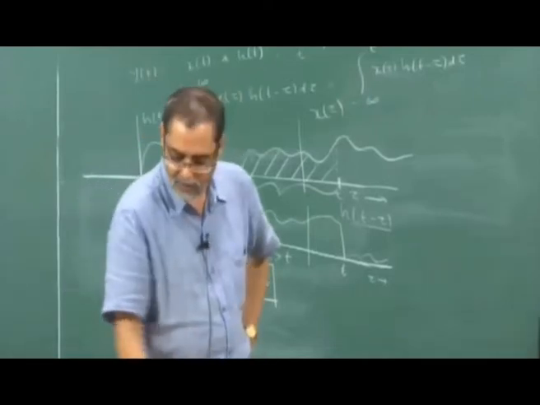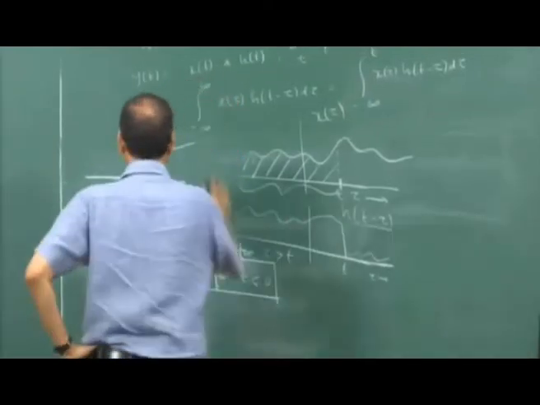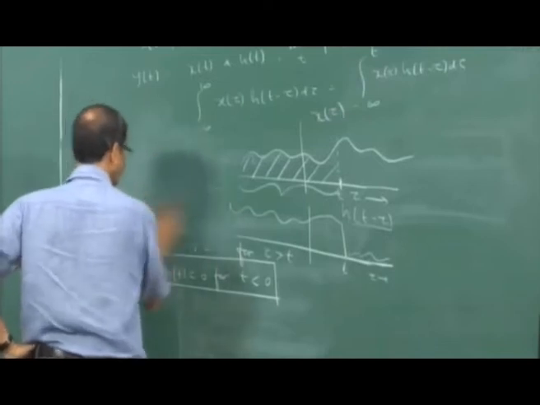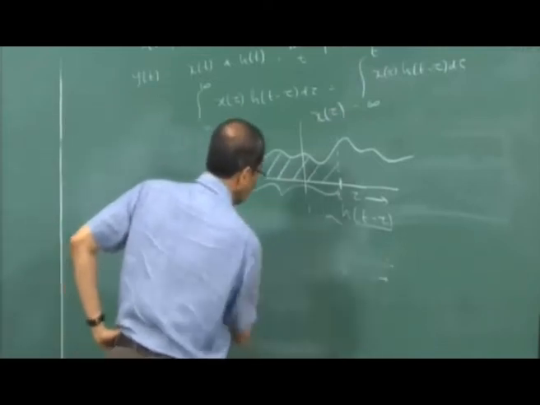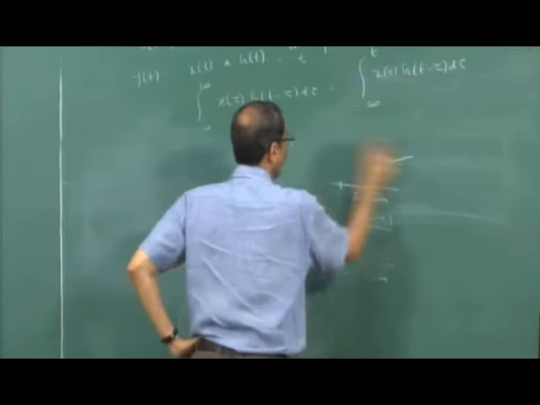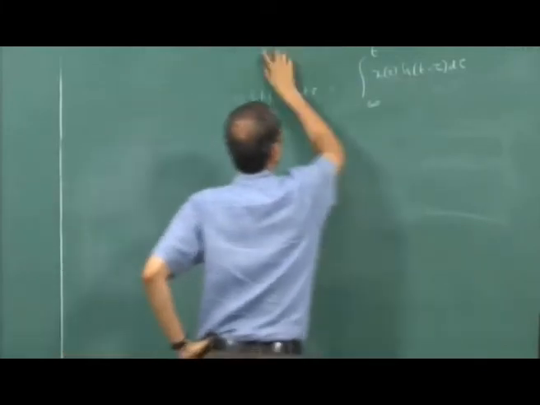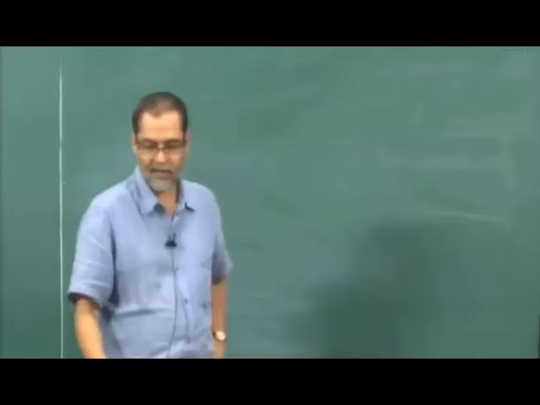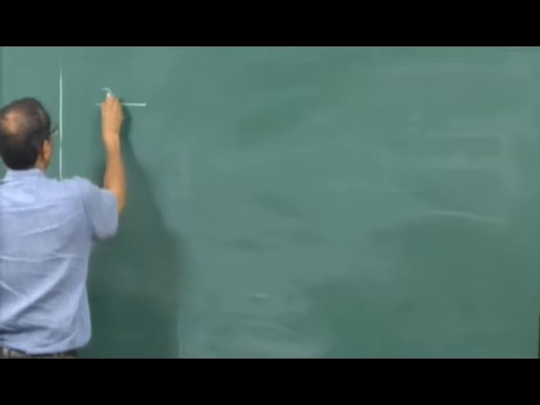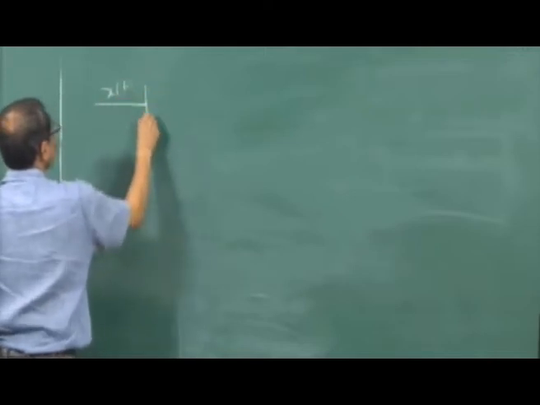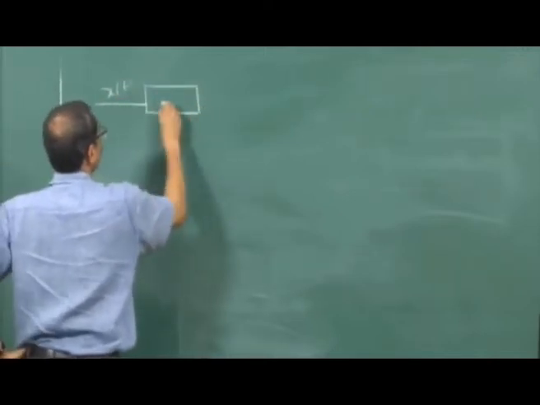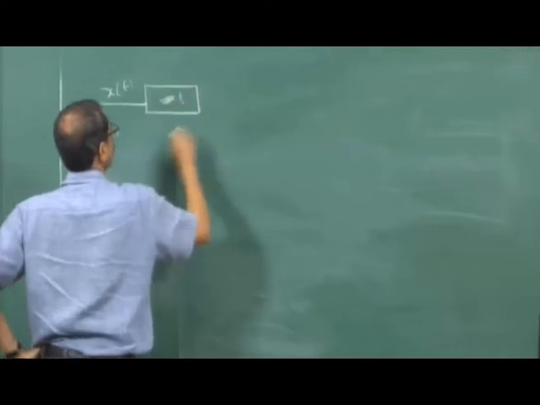It is now possible that we interconnect many systems, one after the other. Any practical system is not just one system; there will be many filters one after the other. So my x goes into one system, let me call it h1, that's my system 1.